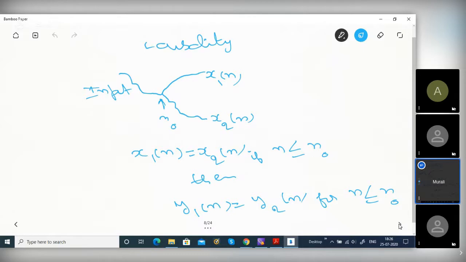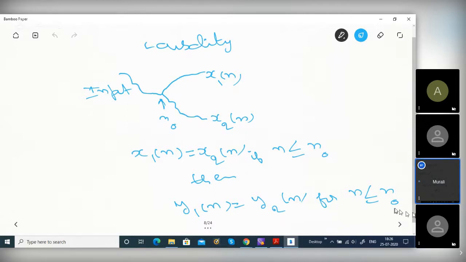If it is non-causal, then y1 of n naught minus 10 will not be equal to y2 of n naught minus 10. I cannot give any example for this because it is not physically realizable.